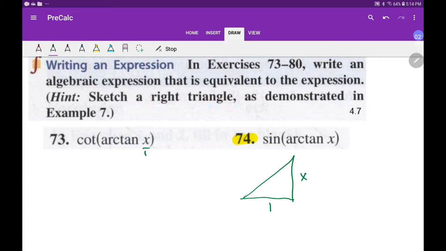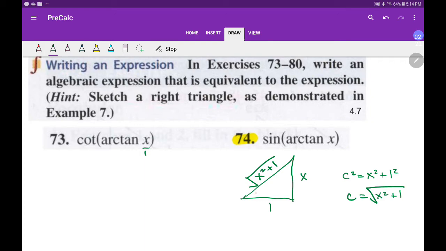So therefore, if I'm finding the hypotenuse, it's going to be c squared is equal to x squared plus 1 squared. So c would be equal to the square root of x squared plus 1. So that's my hypotenuse.